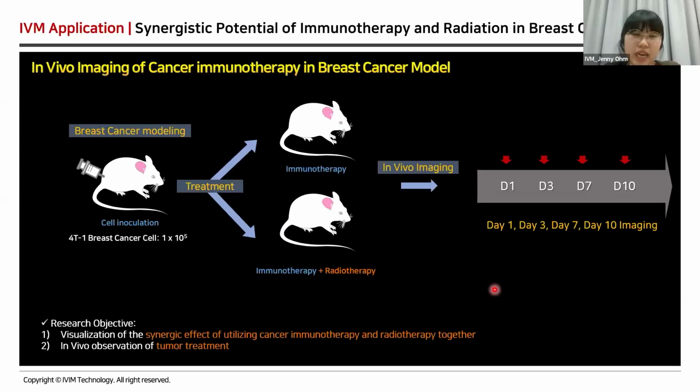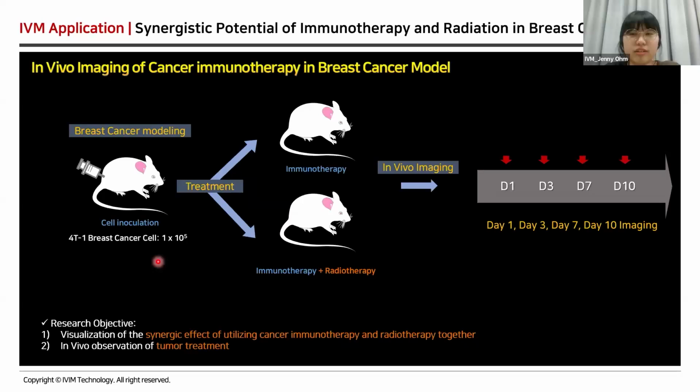Not only does it eliminate localized tumors, but it can also expose tumor antigens, thereby stimulating immune responses. The experiment I'm about to introduce was designed to explore the potential synergy between immunotherapy and radiation therapy. Specifically, it aimed to visualize how these two treatments influence immune cell activation and tumor response in vivo.